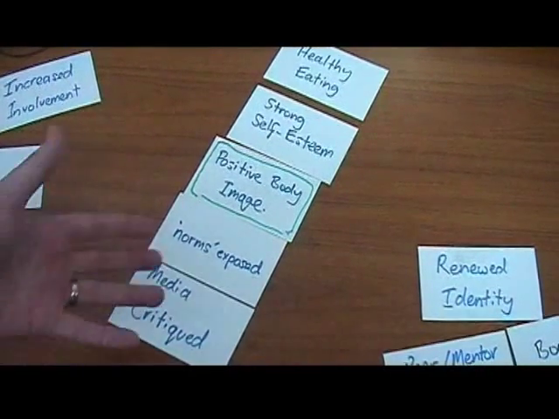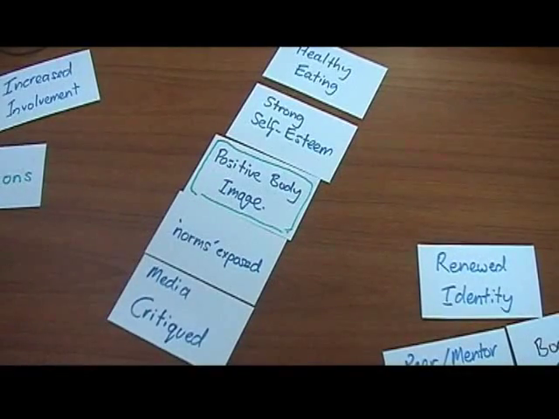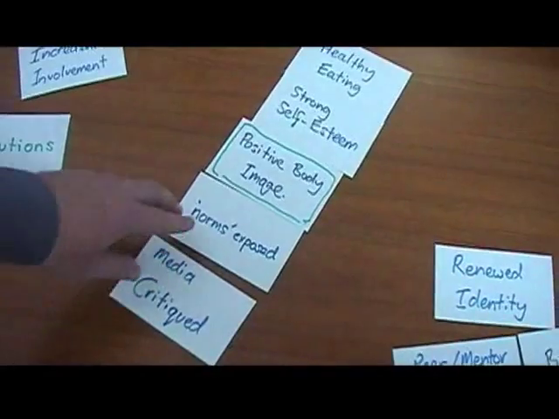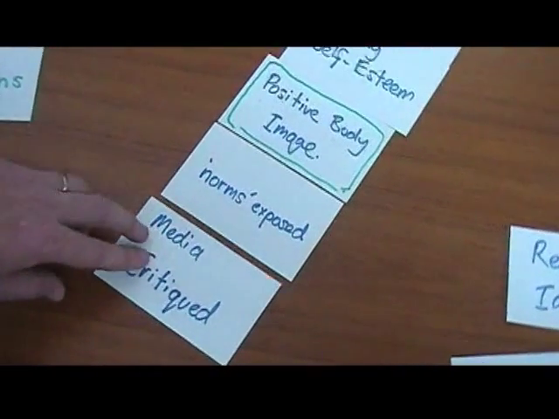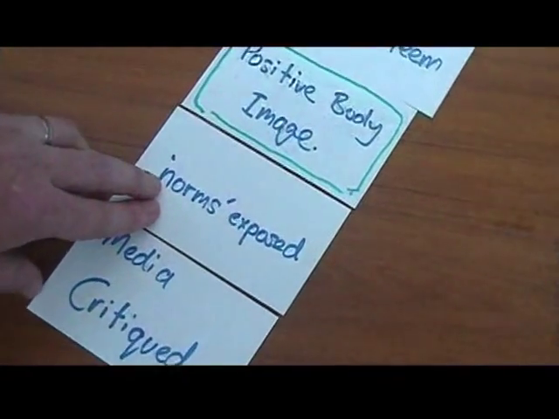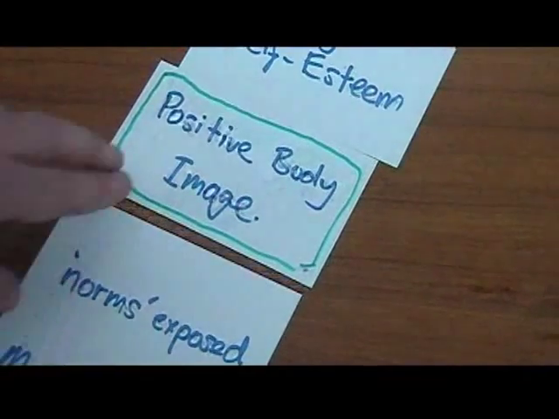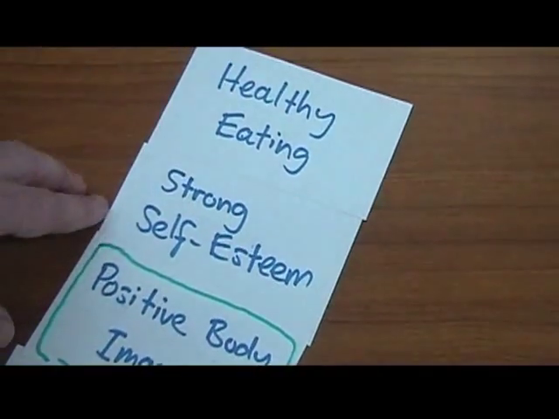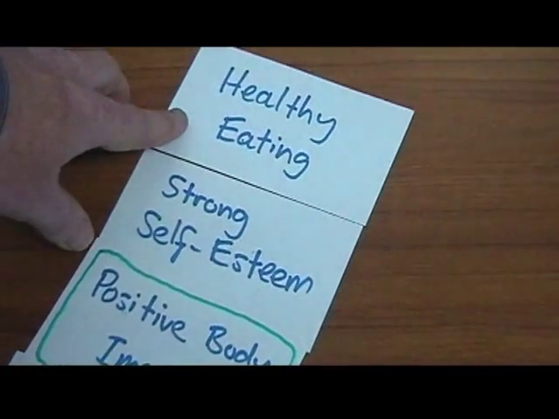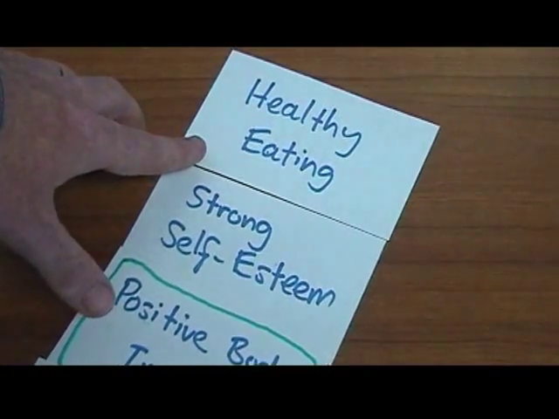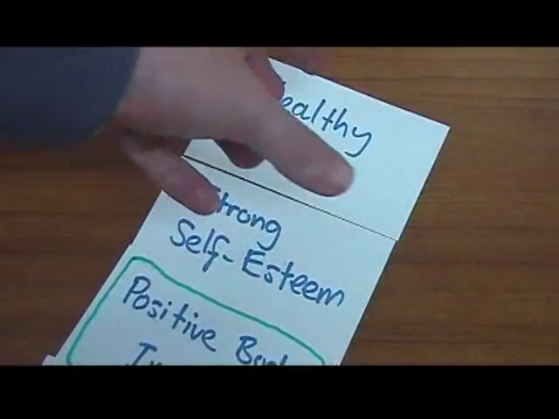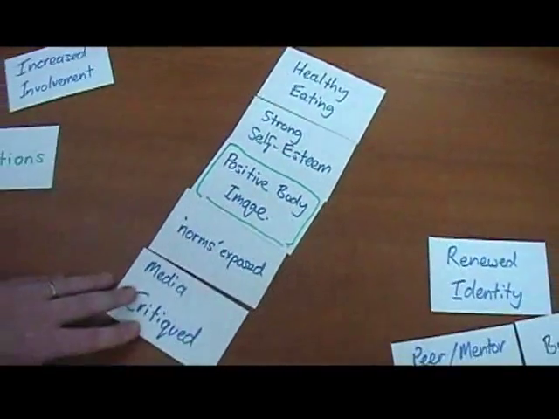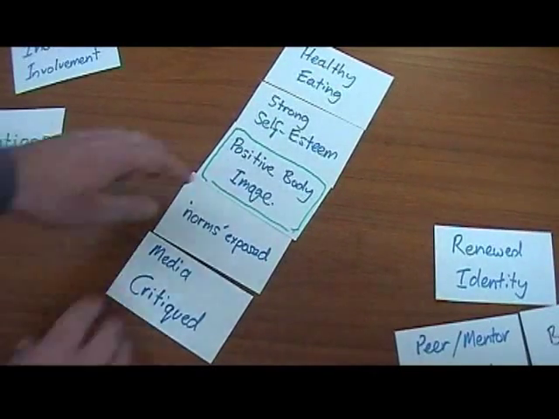This is something that you could do with a youth group or in a school, as a chaplain, as a youth worker with a group of young people. So you might critique the media and expose some of those norms and expose what the media is saying about body image. This can help lead to a positive body image, and specifically probably with a strong self-esteem in relation to healthy eating and healthy living, and also how they perceive themselves. So there we have just one issue singled out from the solutions tree.